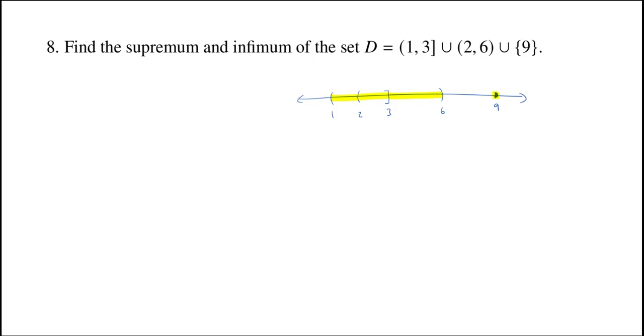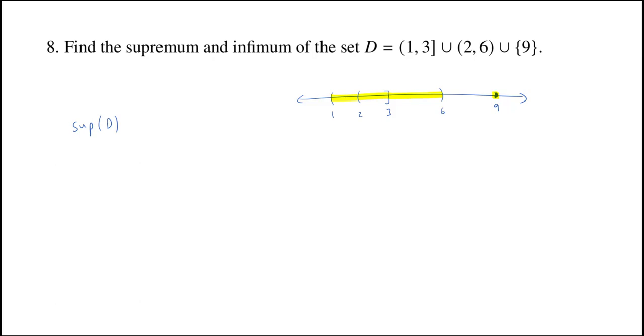So when I go to compute the supremum of D, I need the supremum to be the least of all the upper bounds. Okay, now if it wasn't for this point 9, I would say that 6 was the least upper bound. It's certainly bigger than all the rest of this yellow, and there's nothing smaller than it which is bigger than all the rest of the yellow. But then there's this point 9.